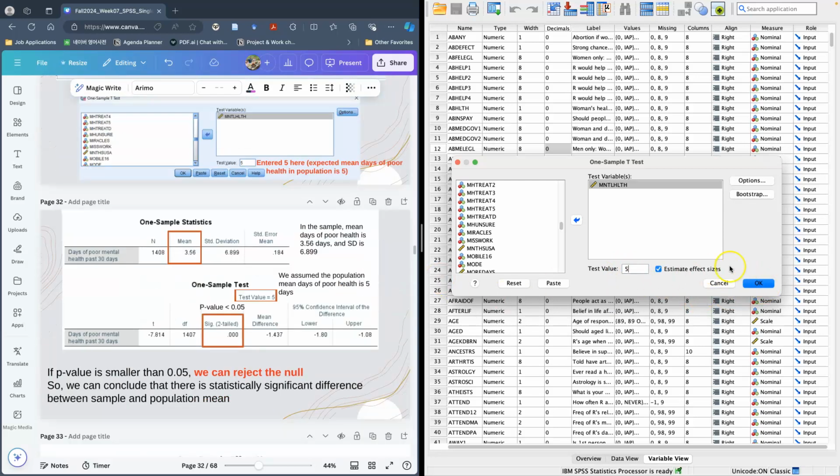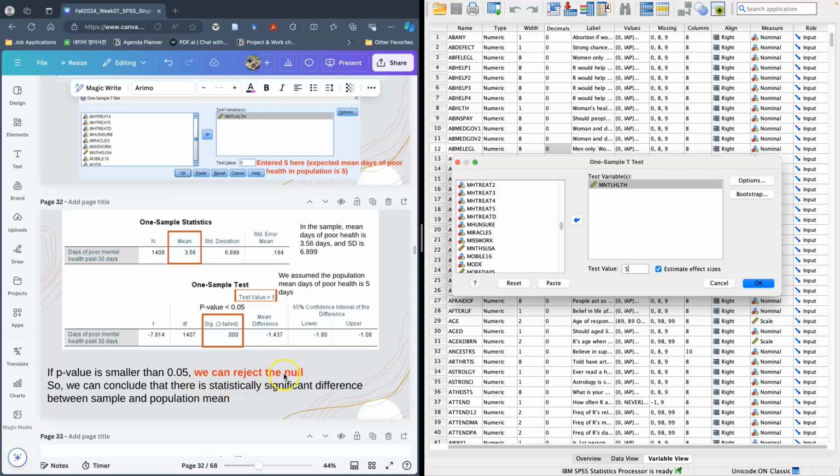So before clicking, let me explain. In the sample statistics, 3.56, what you found in the previous table, the same. And the test value is our assumption. Based on our assumption, we assume that population mean days of the poor mental health is 5 days, right? And the result, the p-value, the statistical significant value, is below 0.000. This is a Windows version. So as it is below 0.05, we reject the null.